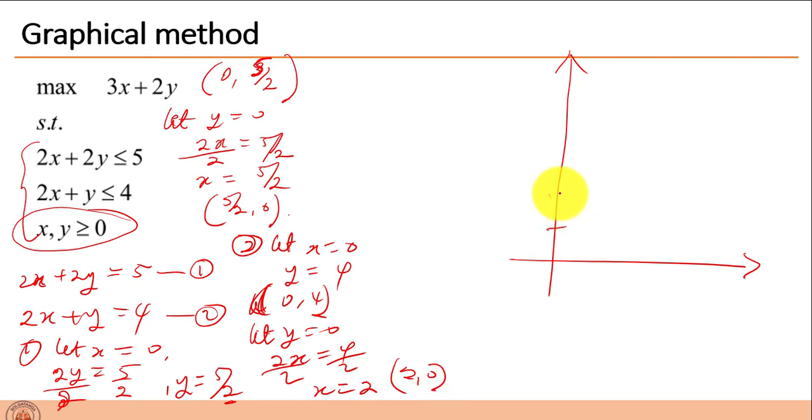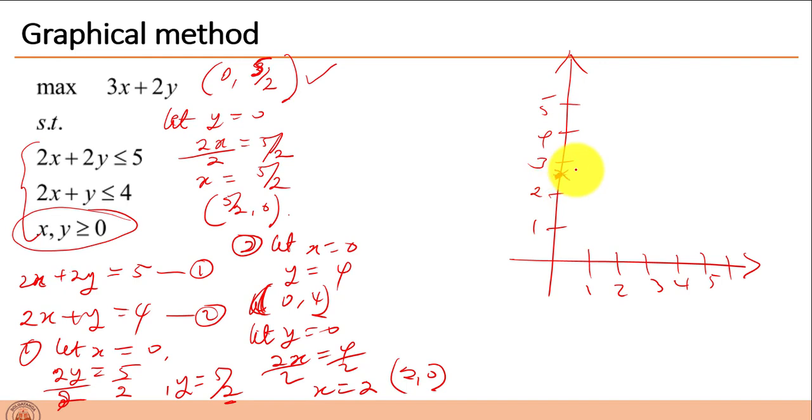Let's scale our graph here. So 1, 2, 3, 4, 5. 1, 2, 3, 4. Again, it's not drawn to scale, so let's see how we can get this done without drawing it to scale. The first coordinate is 5 divided by 2, 0, and 5 over 2 is 2.5. So we are going to be here.